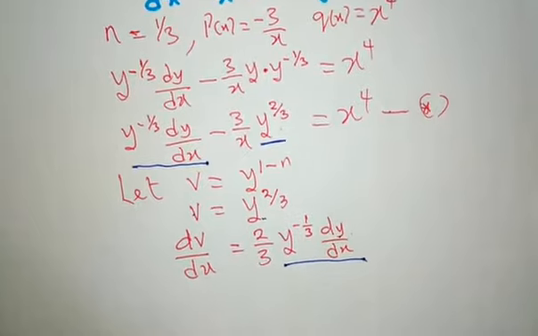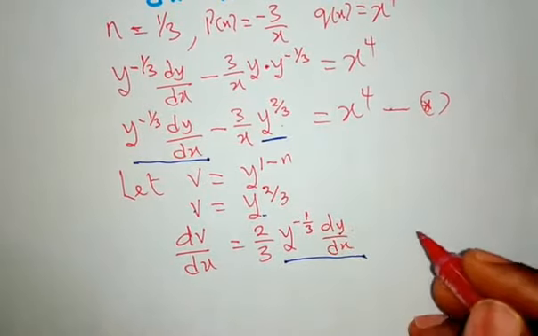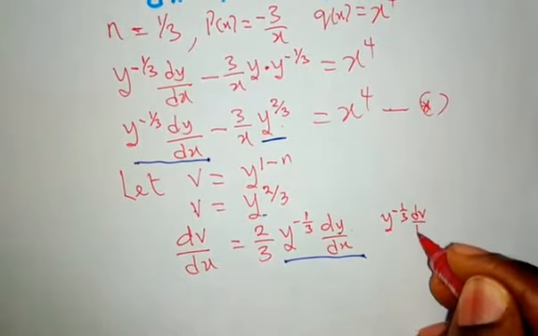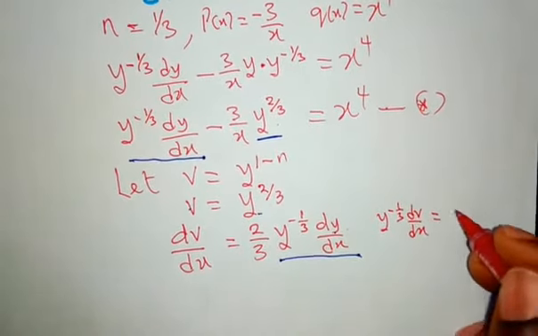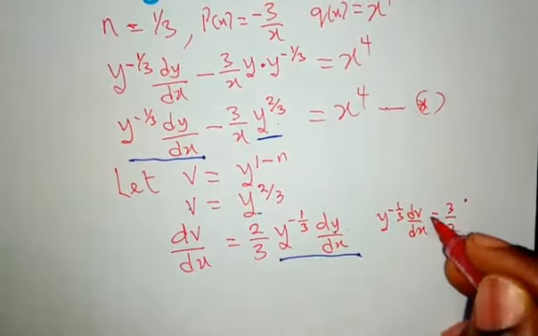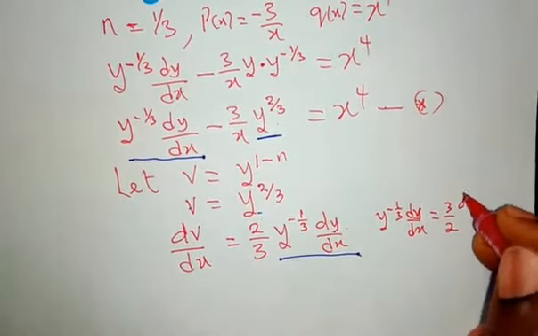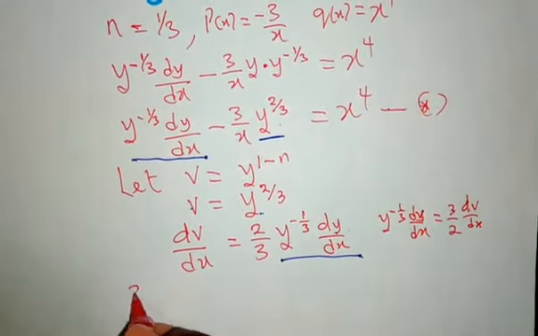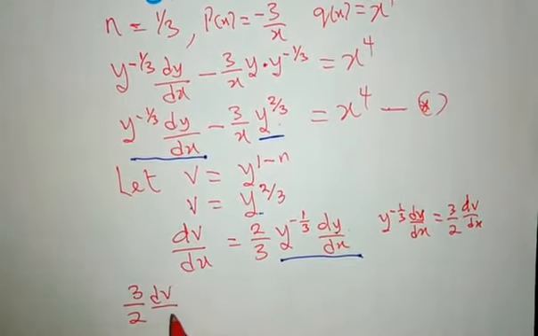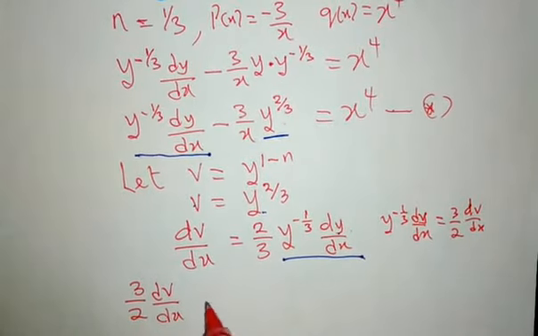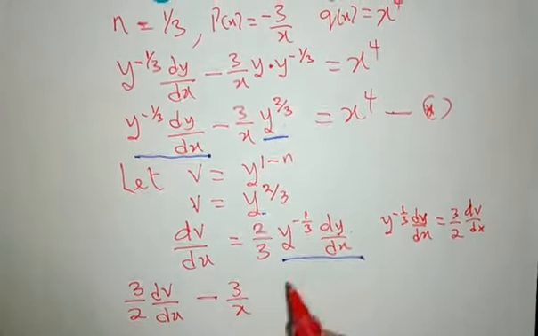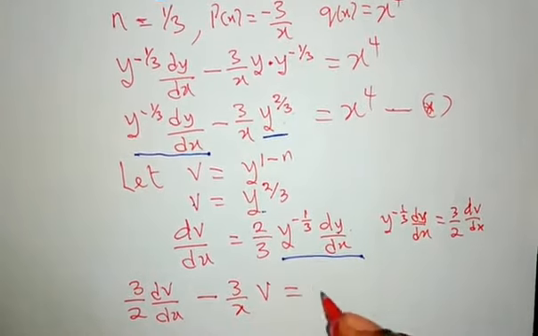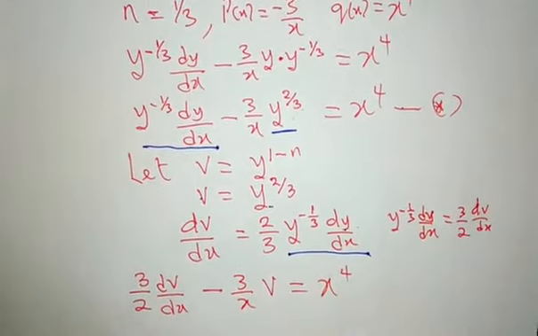If we make this the subject, we would have y to the power of minus 1 over 3 dy dx equals 3 over 2 dv dx. So if we do that substitution here, we have 3 over 2 dv dx minus 3 over x, y to the power of 2 over 3 is v, equals x to the power of 4.